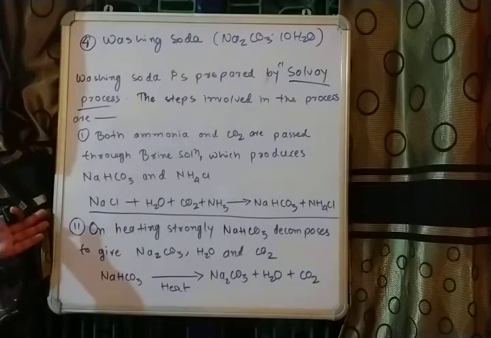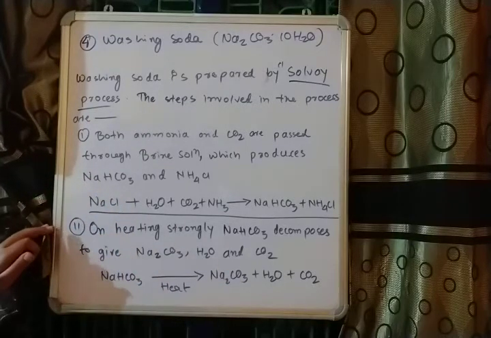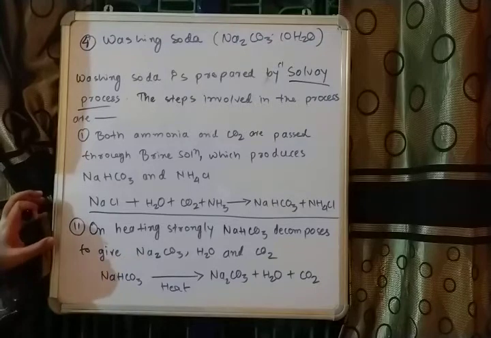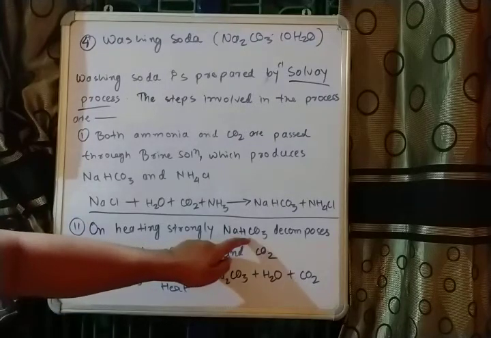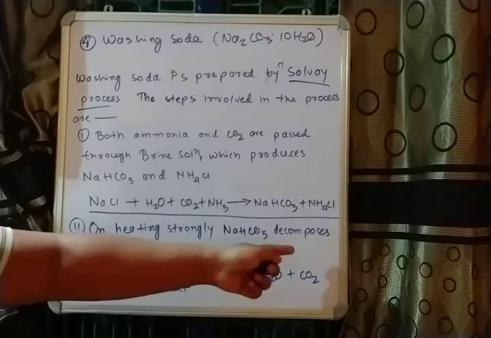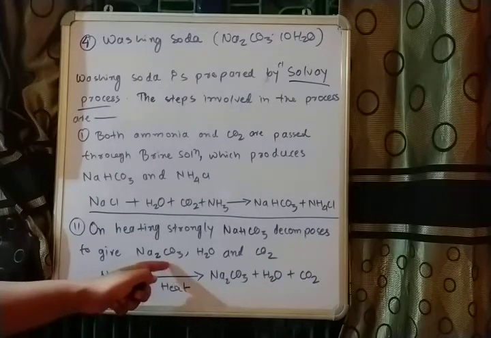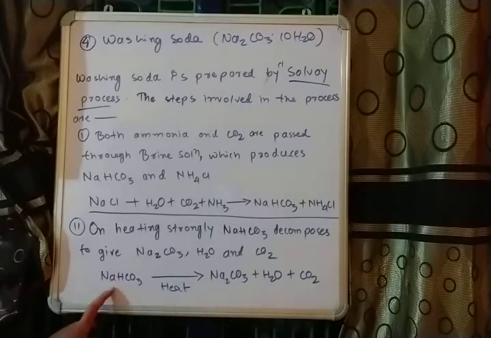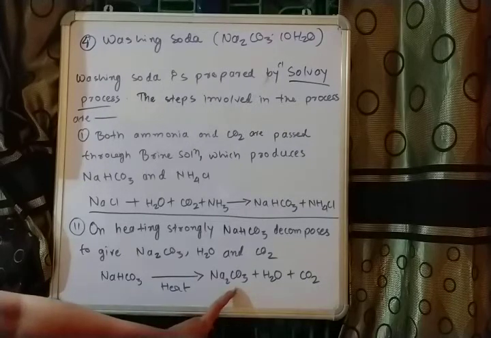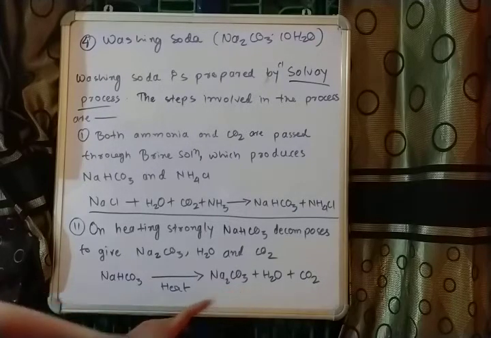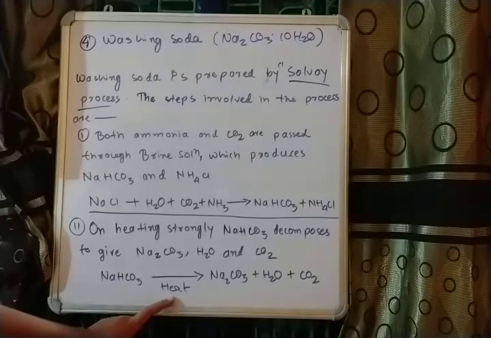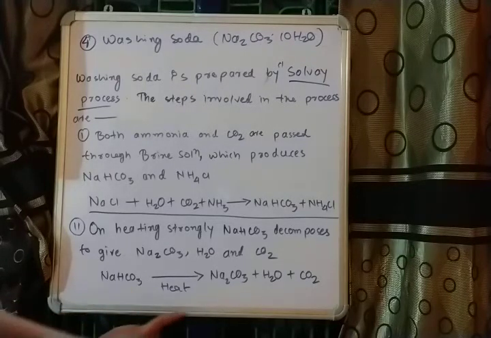In the second step, we heat the sodium bicarbonate and decompose it to give sodium carbonate. So sodium bicarbonate is being converted into sodium carbonate. Heat is supplied, and this heat converts the sodium bicarbonate into sodium carbonate.